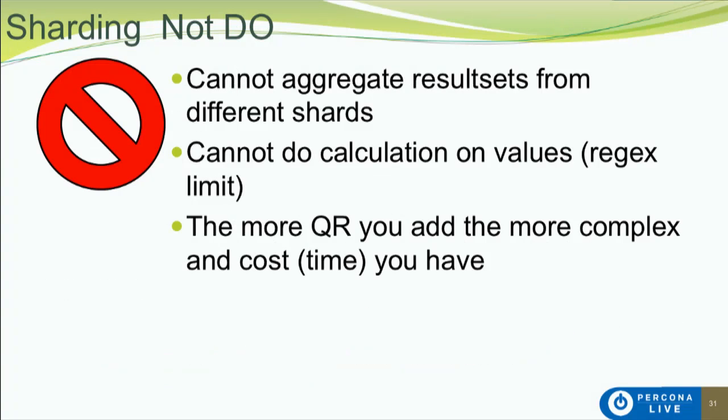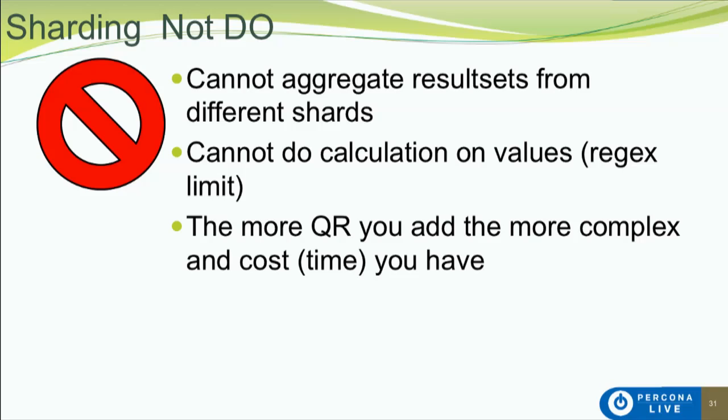What ProxySQL cannot do for you is aggregate the different result sets coming from the different shards. So the different shards will still have their own result set. It's not possible to combine them yet. We are discussing how to do that, but it's not available at the moment.